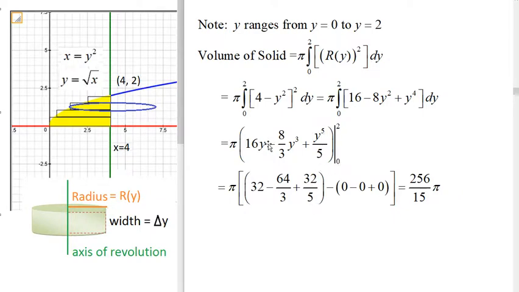And then if we plugged in 0, we get 0, 0, 0. And so 32 minus 64/3 plus 32/5 is 256 over 15, and then times pi. So the volume of the solid of revolution is 256 over 15 times pi.